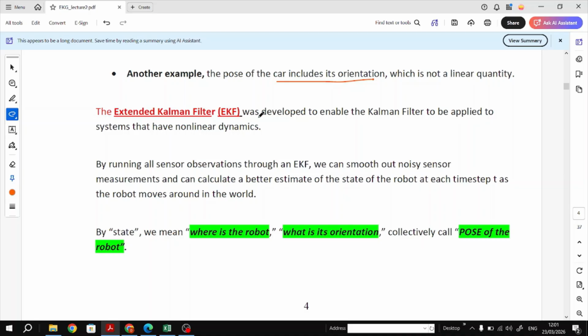So the EKF was just an extension of the linear Kalman filter. People realized this problem, that the linear filter is not always optimal. So then they had to think about how we can use a similar model for the Kalman filter equations for the EKF, for nonlinear systems.